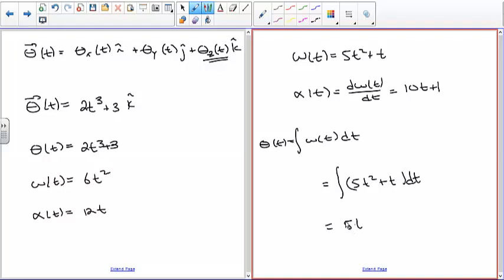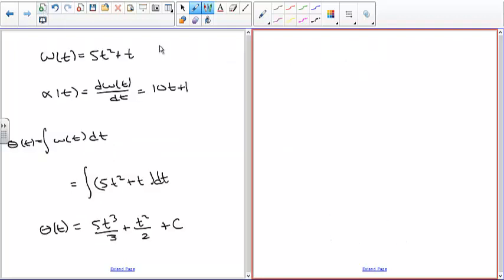get 5t cubed over 3 plus t squared over 2 plus c. And when you integrate it, you need to have some kind of initial condition. So, if I said theta of 0 was equal to pi over 2 radians, so that's my initial position, that would mean that I'd start out up here, then I could use that.